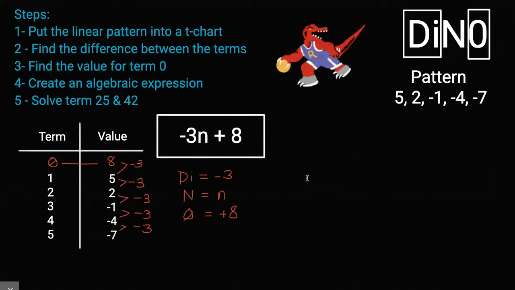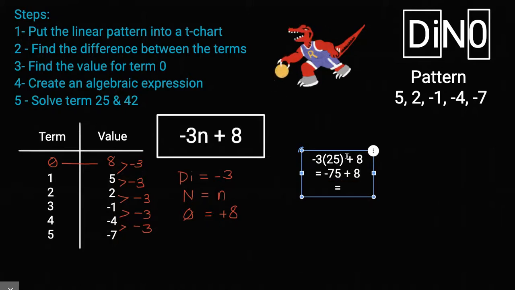I will then use that expression to solve for term 25 and 42 as we have been doing. So negative 3 times 25 plus 8. So I owed somebody $25 3 times. So what that means is it's negative 75 plus 8. And then negative 75 plus 8 is negative 67.